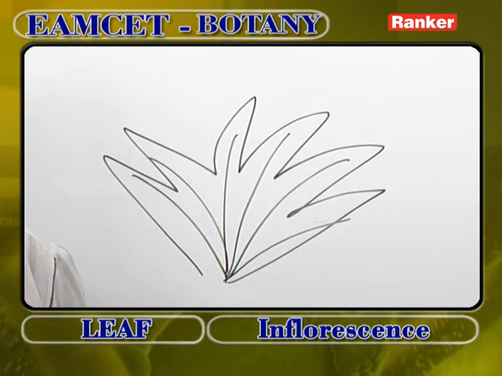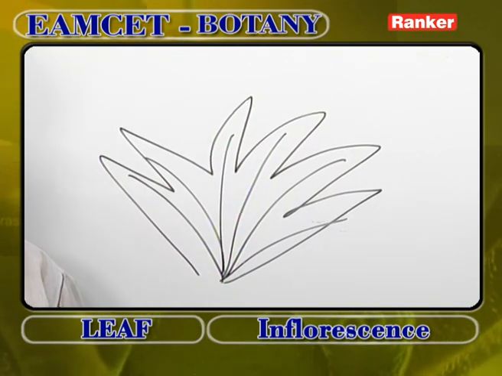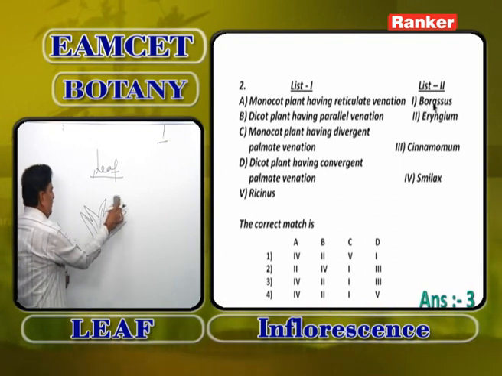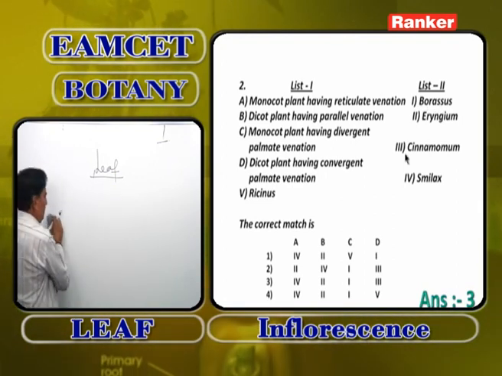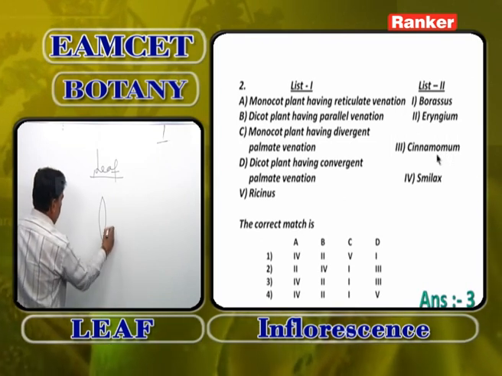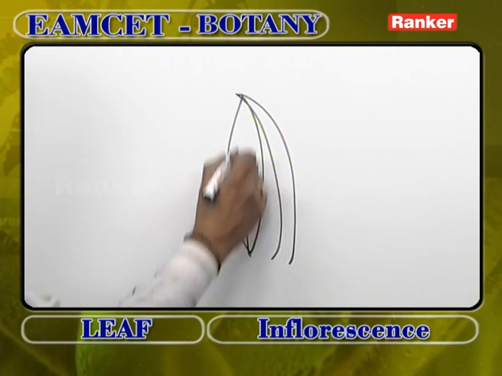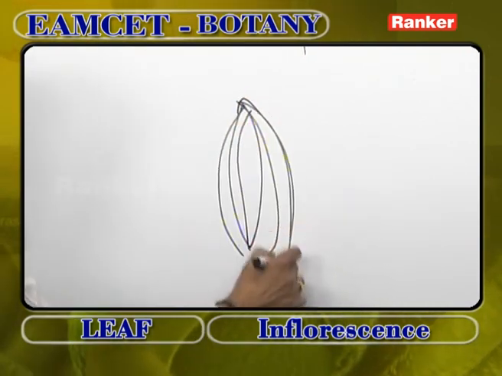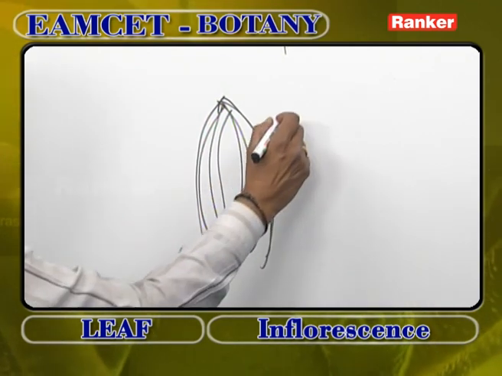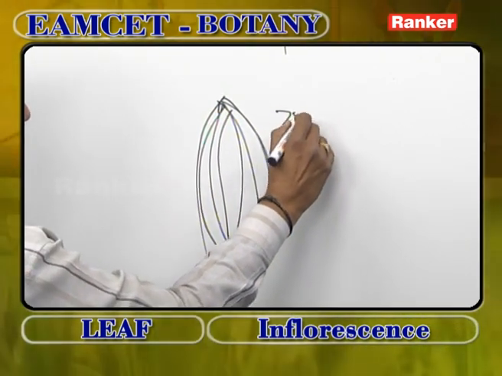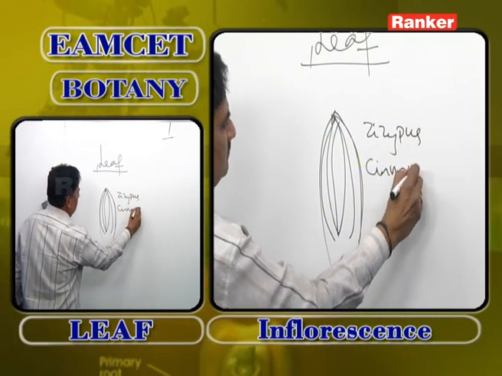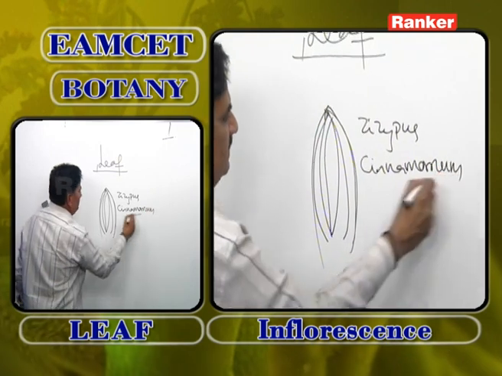Then dicot plant having convergent palmate venation. Convergent palmate venation means many prominent midribs are present at the base, but ultimately they unite at the apex and the remaining veins are arranged in a reticulate manner. For this, the examples are two: Ziziphus and Cinnamomum.